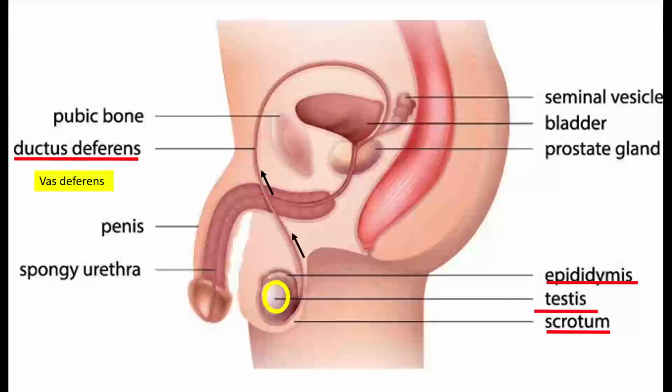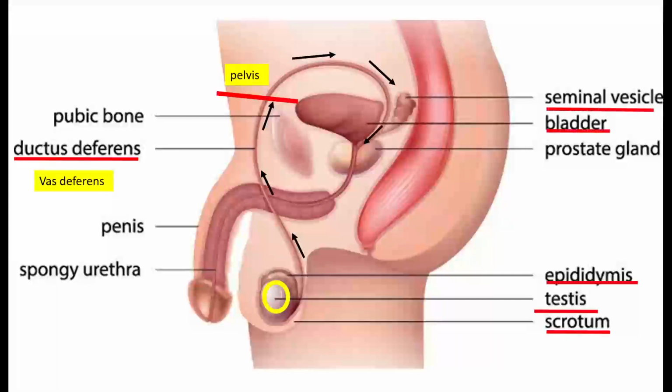And when this spermatic cord gets into the pelvis, it is now in the intra-abdominal part of the abdominal cavity, and then it turns to become posterior to the urinary bladder, and it continues down.